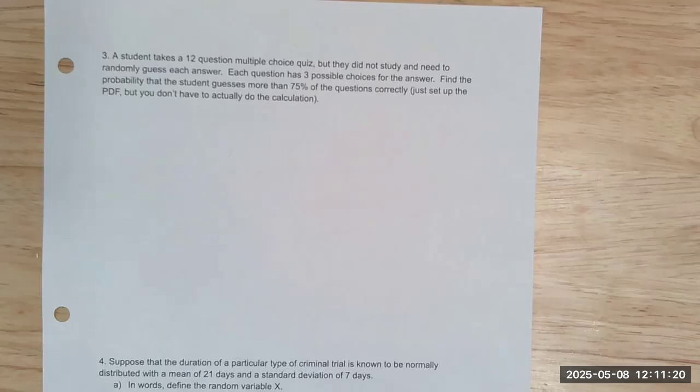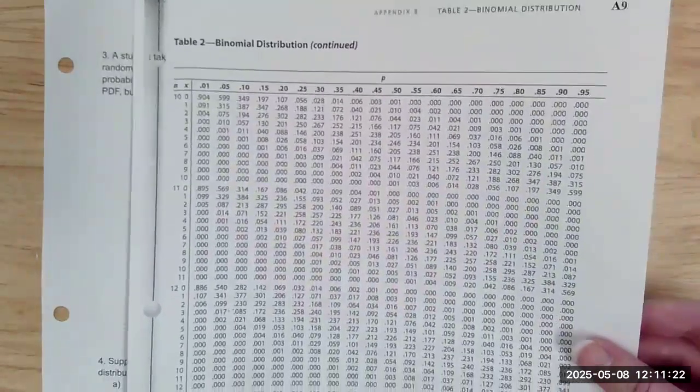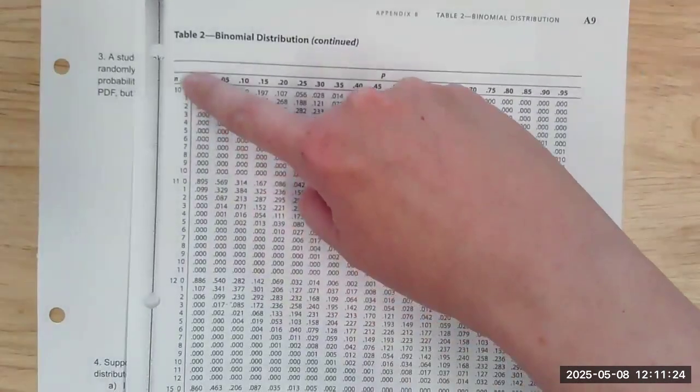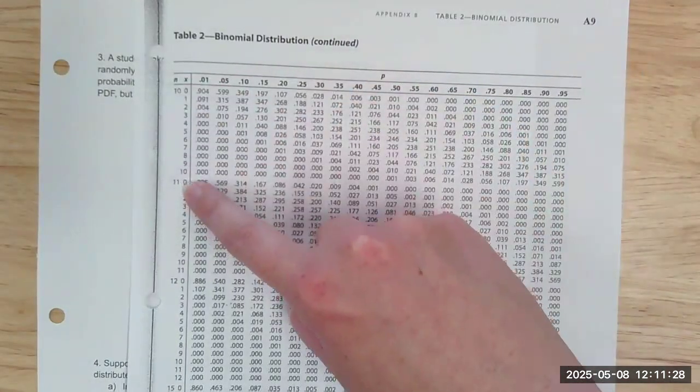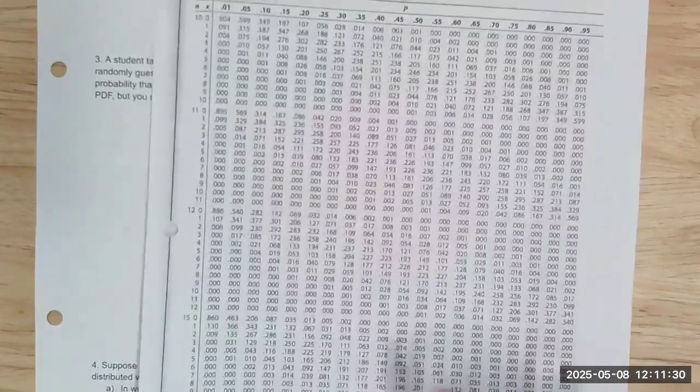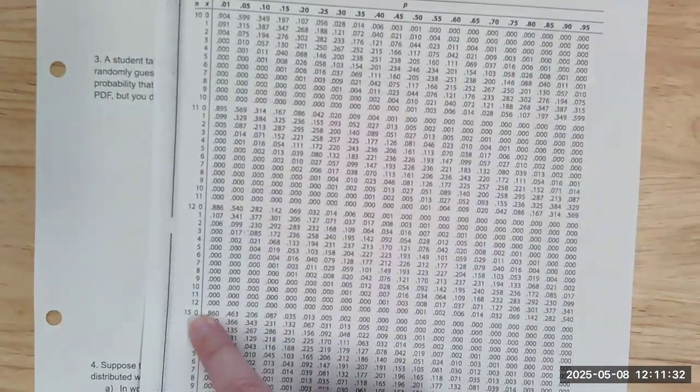The table off to the side says n equals, and then she's got 10, 11, 12, and then it skips down to 15. So if she wanted you to use this table, your n would have to be 10, 11, 12, or 15.